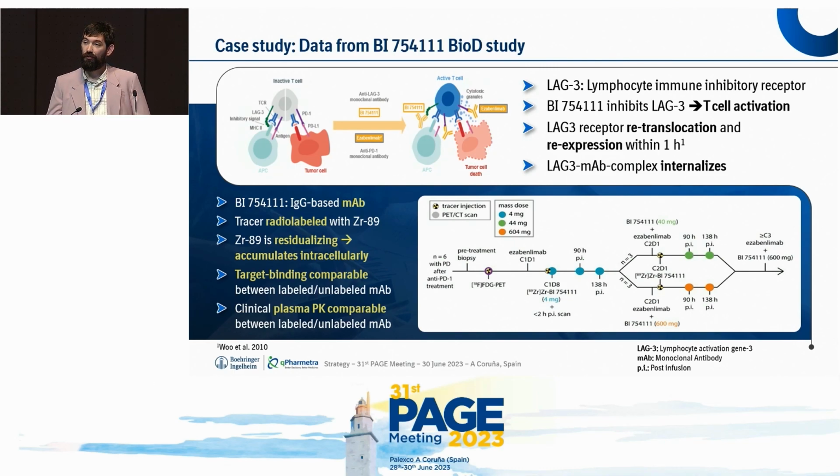Afterwards, it was combined with a higher unlabeled dose in order to really block all the receptor and see what the difference in target uptake would be. Within this study, we saw already that clinical plasma pharmacokinetics between unlabeled and labeled compounds were completely comparable, which is of course a prerequisite of analyzing these data. And also target binding was found to be comparable between unlabeled and labeled compounds.